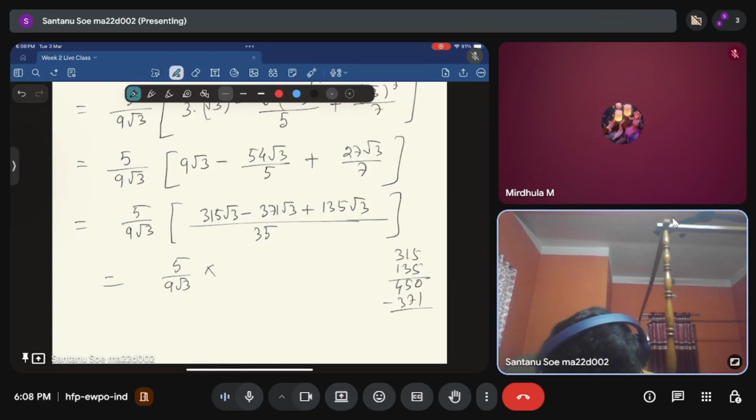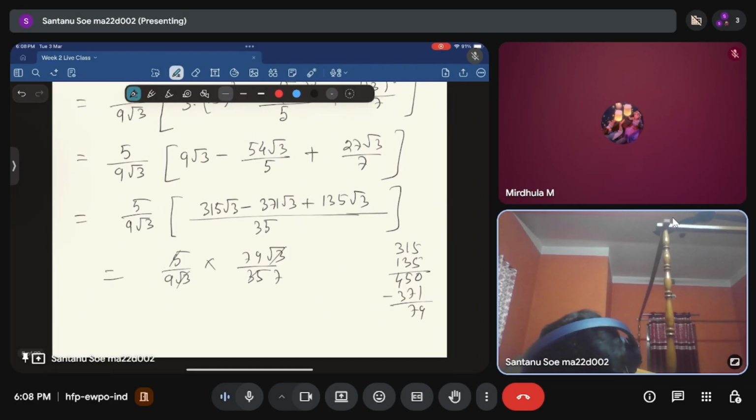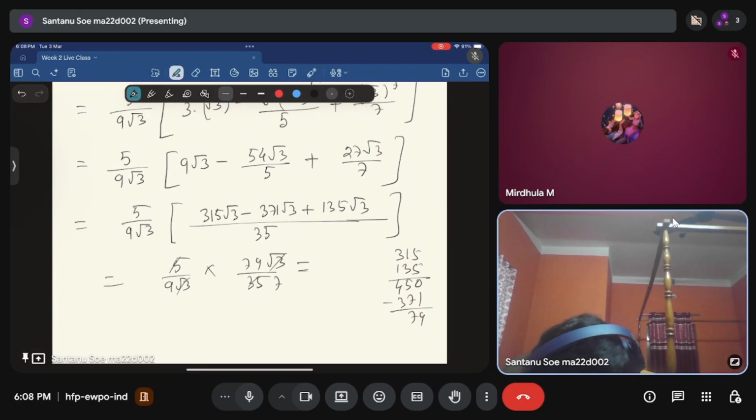So this is going to be 79. This is 79 divided by 35. Okay, so this is again another root 3. So this gets cancelled out and this will be 7. So the answer should be 79 divided by 63.